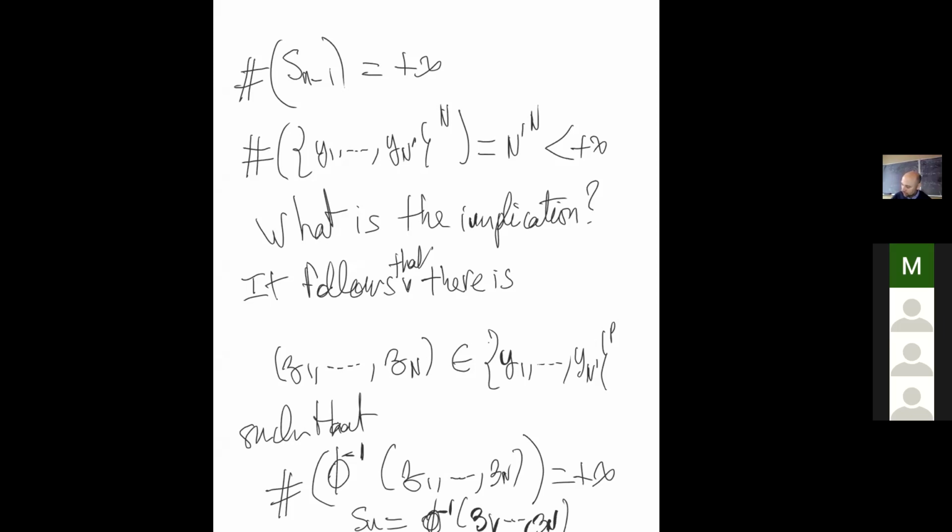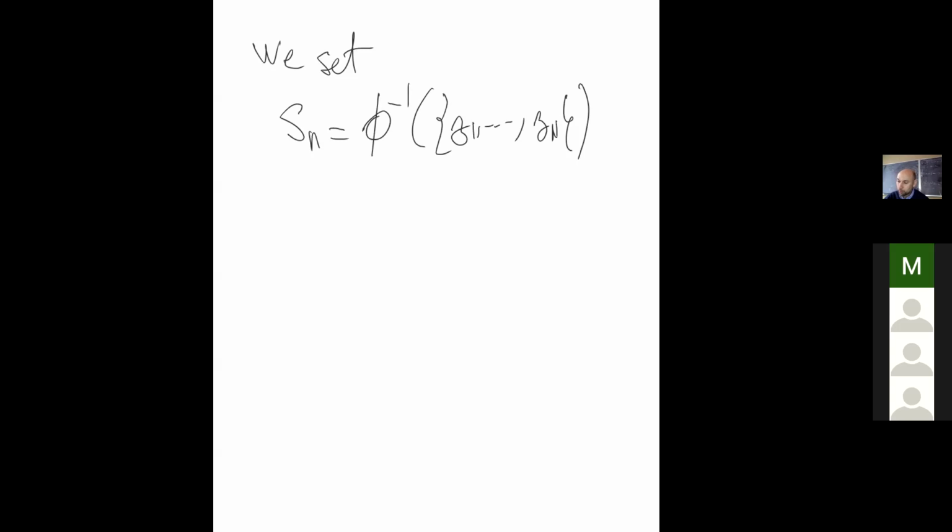Sorry, let's write it better. So now we set Sn equals phi minus 1 of this particular point in the arrival space.